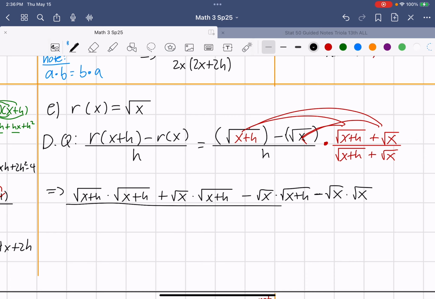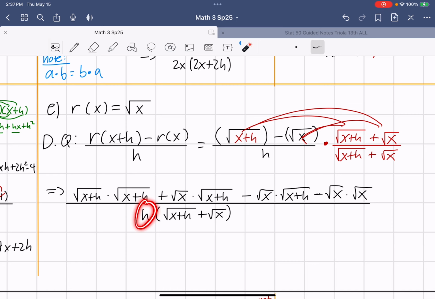And the denominator is just h times square root of x plus h plus square root of x. I haven't distributed anything because, again, the goal is to simplify this h, and I can only simplify when things are multiplying, not when it's added in two terms. So I want to have it separate, all by itself, multiplying.